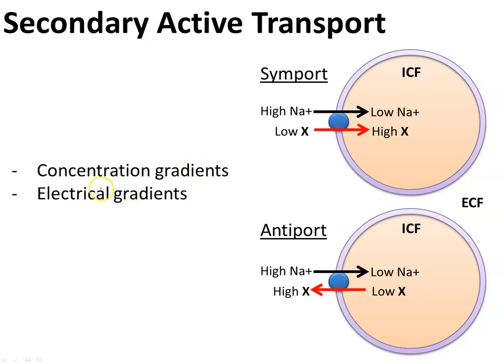That is now what we can also call an electrical gradient, because when we change the concentration of sodium, so there's disequilibrium, meaning that it's higher outside of the cell, I not only create a concentration gradient, I create an electrical gradient, right?